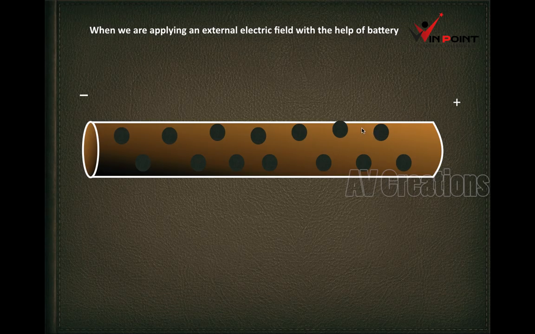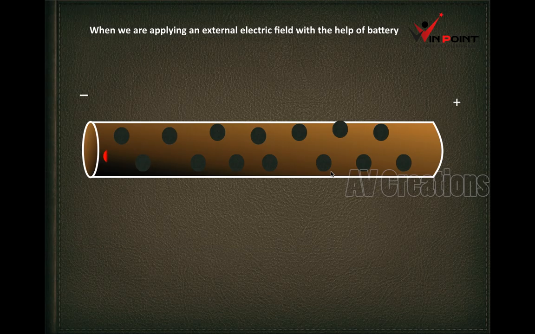The external electric field is from positive to negative, and the electrons are going to move towards positive, opposite to the external electric field. This movement is known as drift velocity.